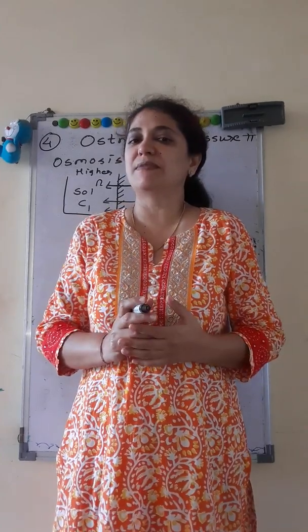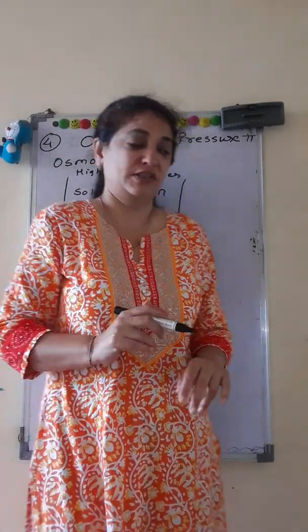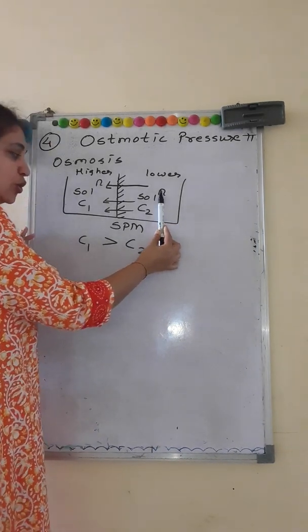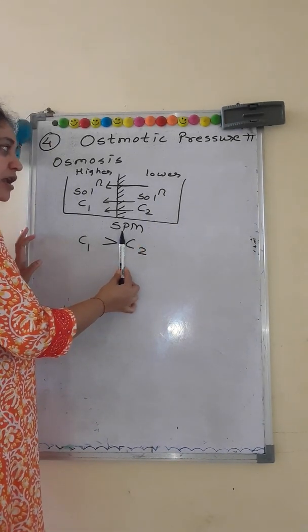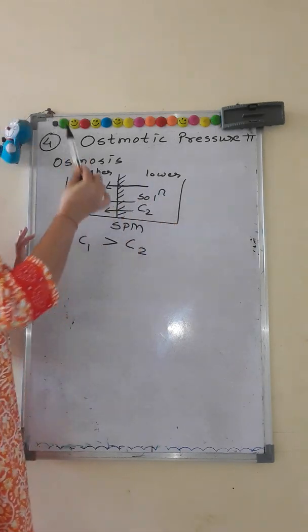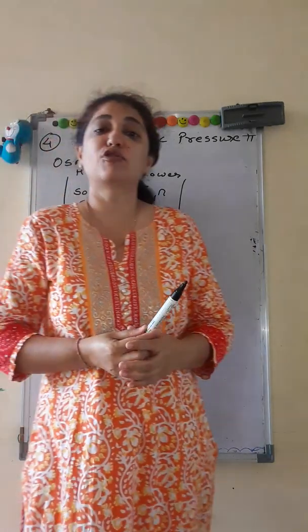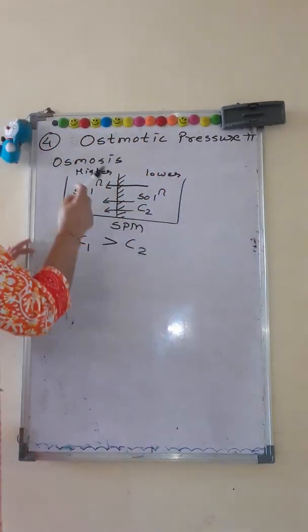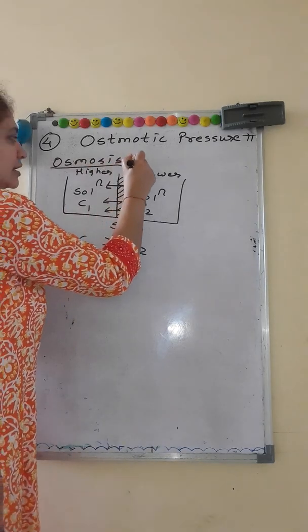When concentration becomes equal, the flow stops. So the movement of solvent molecules through a semi-permeable membrane from a solution of lower concentration to higher concentration is called the process of osmosis. So this is osmosis.